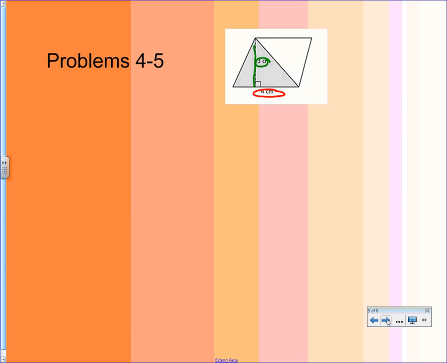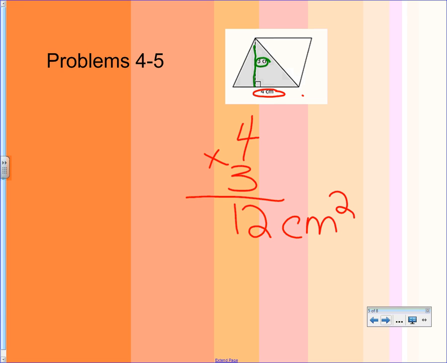And remember, don't just go with the one side, you have to do both sides. So we know base is 4, height is 3, and since it's a parallelogram, it's just base times height, and that would be 12 centimeters squared, or 12 squared centimeters.